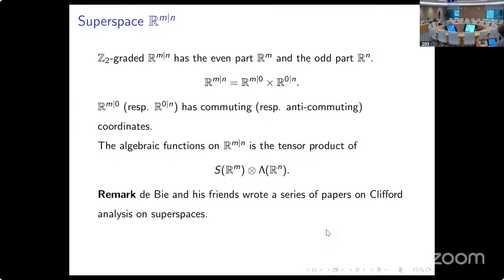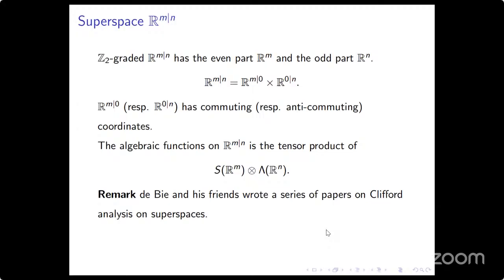But if I only look at the Fourier transform, I can think of this as a representation of the symplectic group Sp(2m,R) crossed with the action of the Spin(2n), so I would consider the two smaller groups. Yes, you're right.